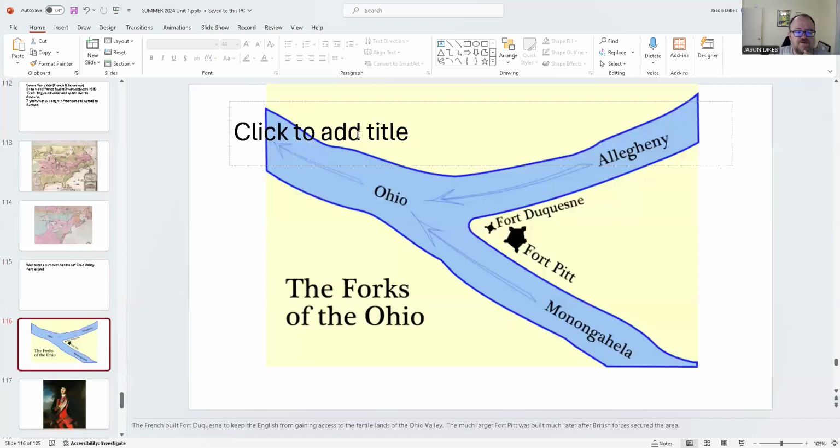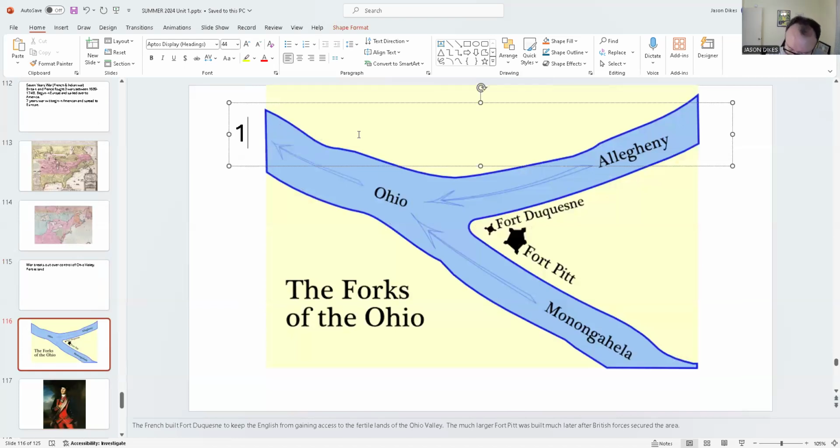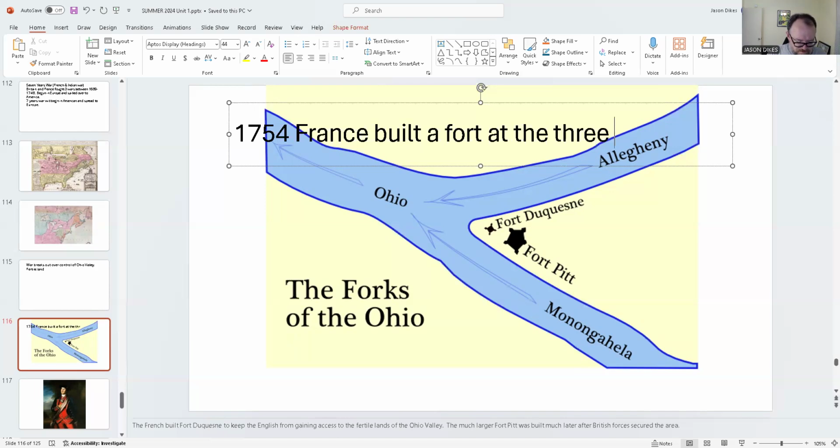France makes the first move. In 1754, France built a fort at the Three Rivers. Okay. It's Fort Duquesne. Fort Pitt comes later, but this is called Fort Duquesne.